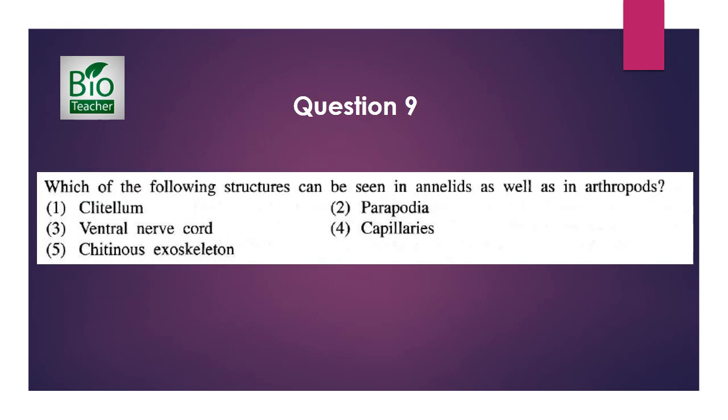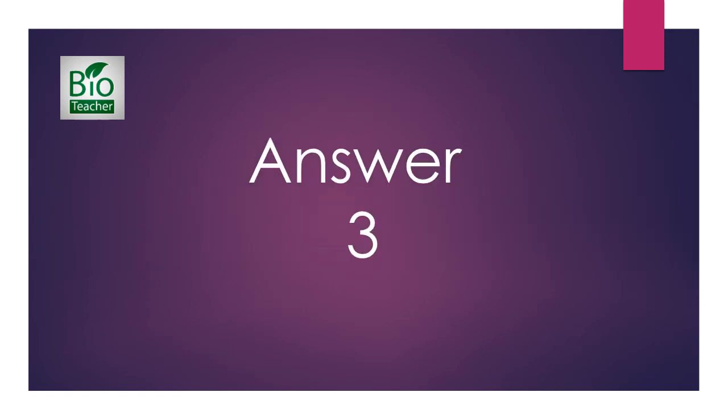This question is asking which of the following structures can be seen in annelids as well as in arthropods. Correct answer for this question is answer number 3. It says both the arthropods and annelids are having ventral nerve cord.